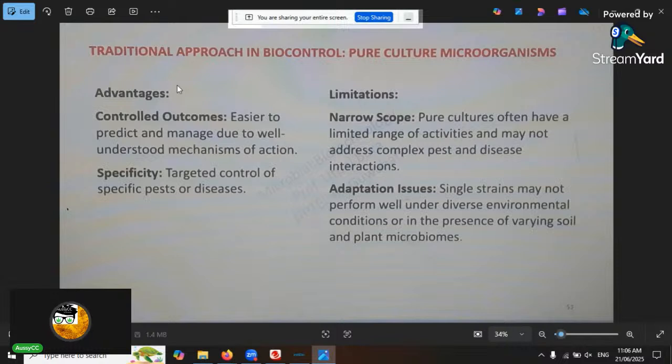So it's a bioinsecticide. That does take care of quite a few, but in general, they only do one or two things. So that's why you've got to have a few in your belt, a few in your arsenal to get different jobs done. Adaptation issues: single strains may not perform well under diverse environments or in the presence of varying soil and plant microbiomes.